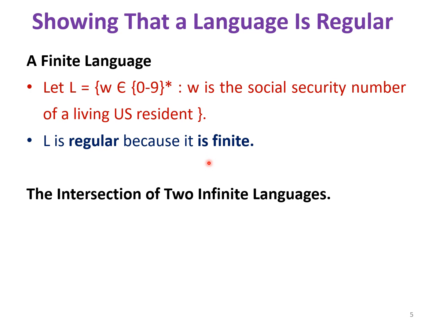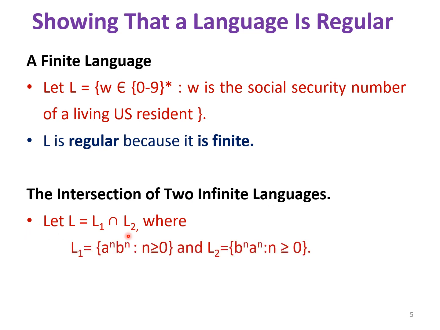Let's see one more: the intersection of two infinite languages. Let L = L1 ∩ L2, where L1 is a^n b^n, where n is greater than or equal to 0, and L2 is b^n a^n, where n is greater than or equal to 0.